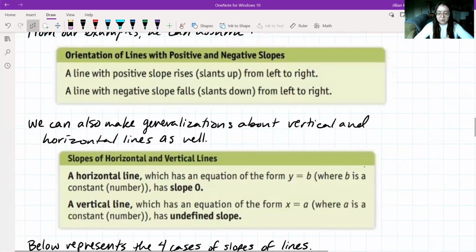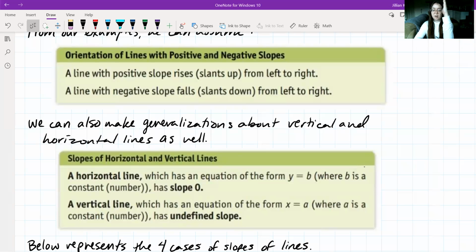We can also make generalizations about vertical and horizontal lines as well. A horizontal line, which has the equation of the form y equals b, so focusing more on our y-intercepts, where b is a constant number, is going to have a slope of 0. Our flat line has no slope. A vertical line, on the other hand, which has an equation of the form x equals a, or this x-intercept, where a is a constant, is going to have an undefined slope.